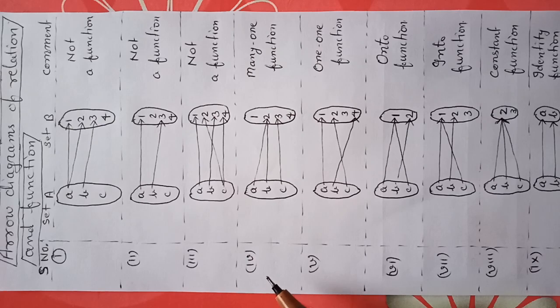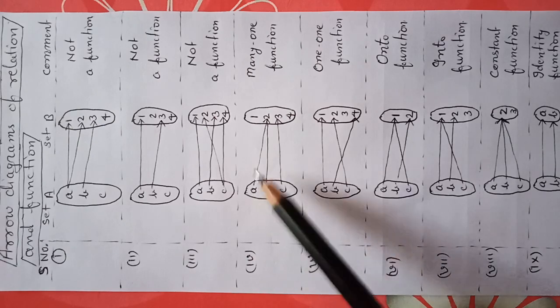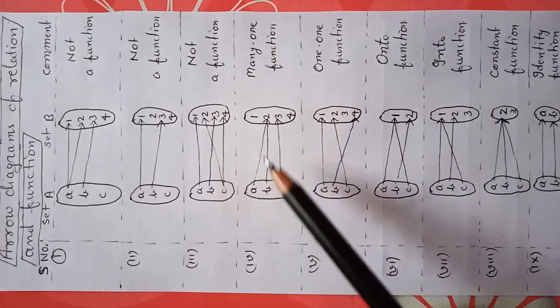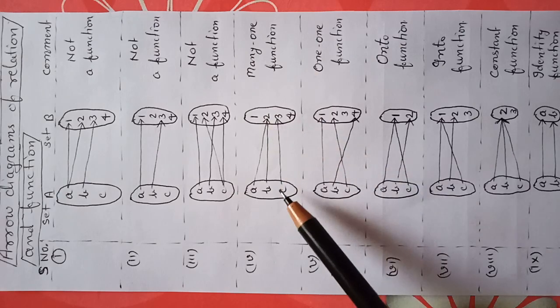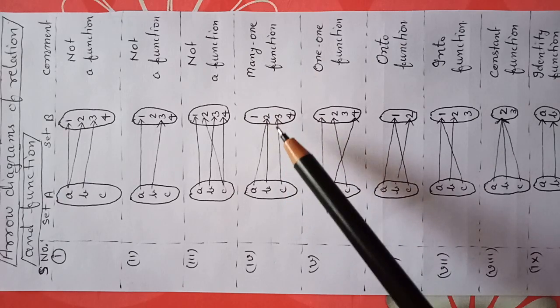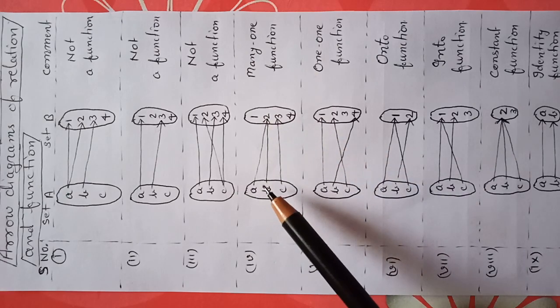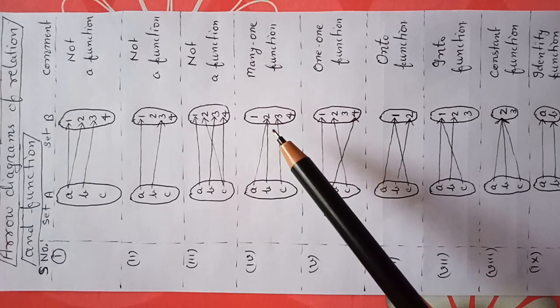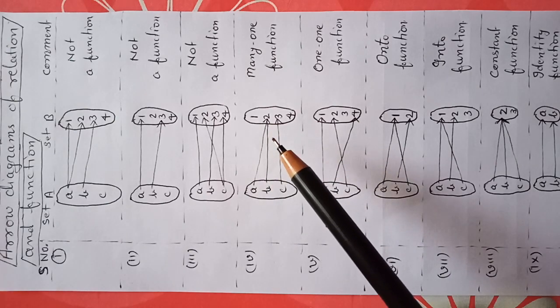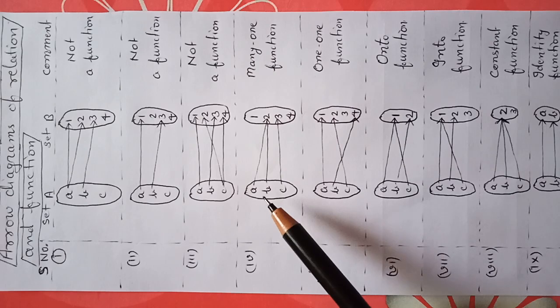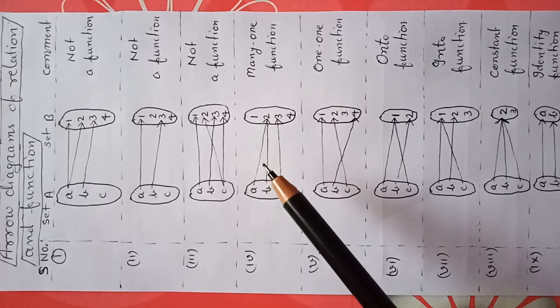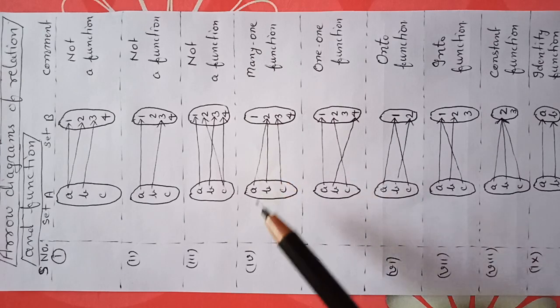In the fourth example, we see A is associated with 2, B is associated with 2, and C is associated with 3. That means all the elements of A are associated with some elements of B. Moreover, therefore the first condition is satisfied. The second condition is also satisfied.